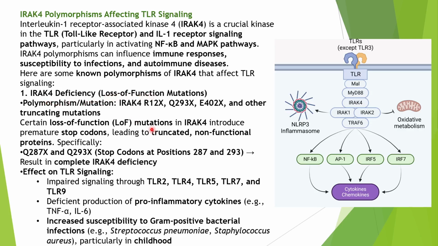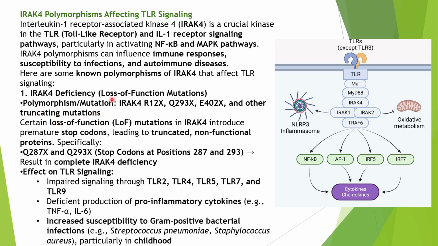Polymorphisms in your IRAK4 include Q12X, Q293X, and E402X at those positions, and other truncating mutations. All these cause loss of function. Certain loss of function mutations in IRAK4 can introduce a premature stop codon.